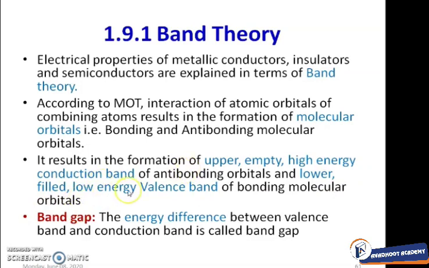So in the crystal there is a formation of an upper conduction band and a lower valence band, and the gap between these two is called the band gap. So band gap is the energy difference between the valence band and the conduction band.